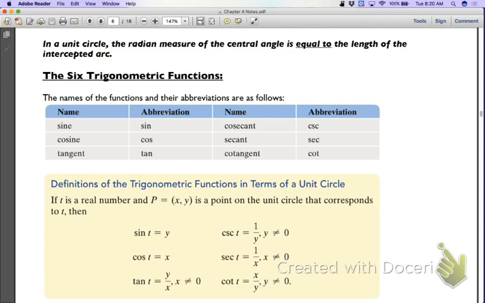Sine starts with an S, so the reciprocal is going to start with a C. Whereas cosine starts with a C, its reciprocal is going to start with an S. That's the easiest way that I can tell you to try to remember.